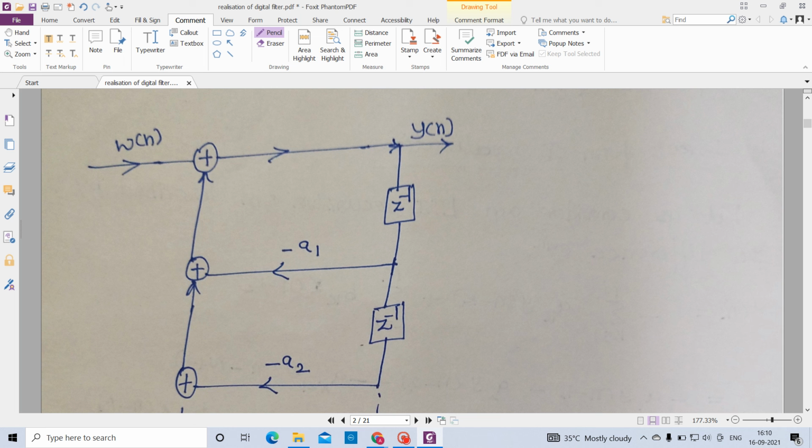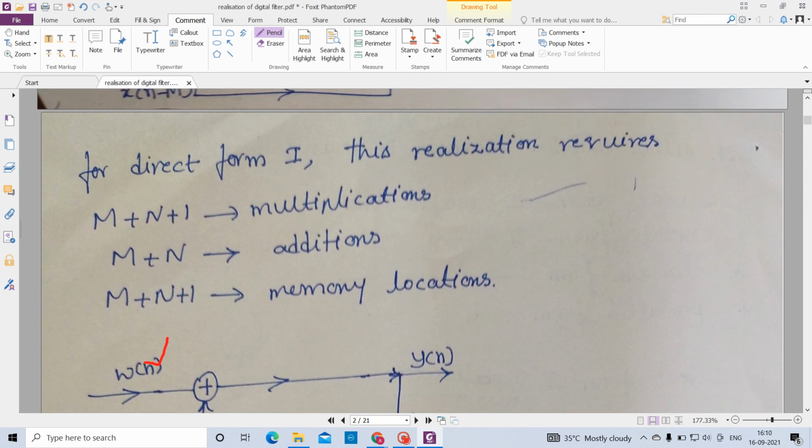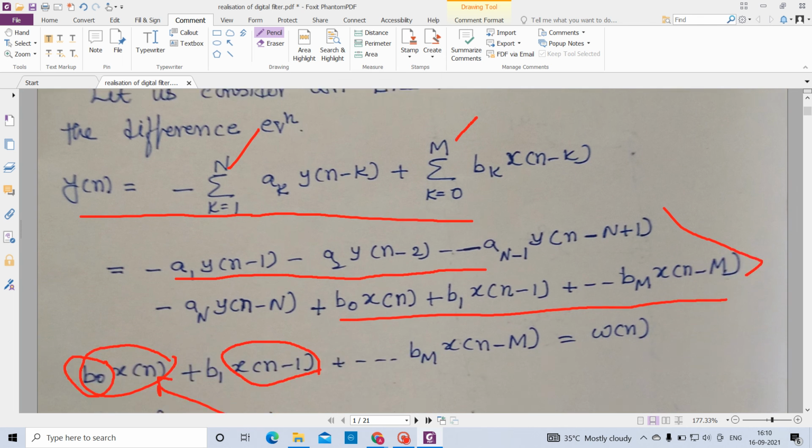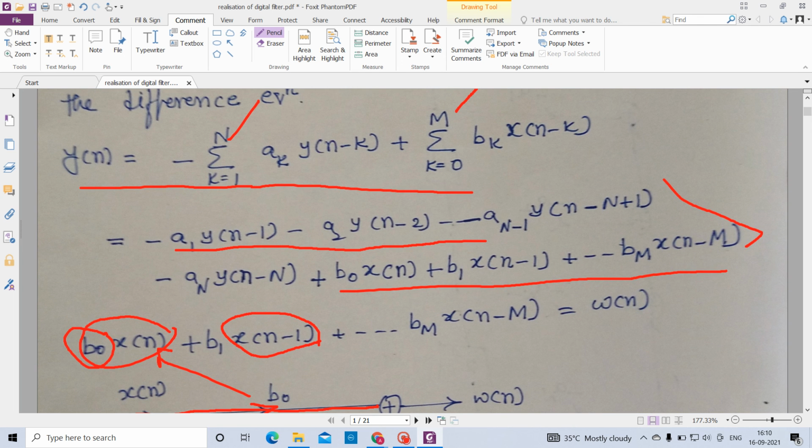Then y of n is equal to omega n plus y of n minus 1 multiplied with a1, because see this equation, I need this one.